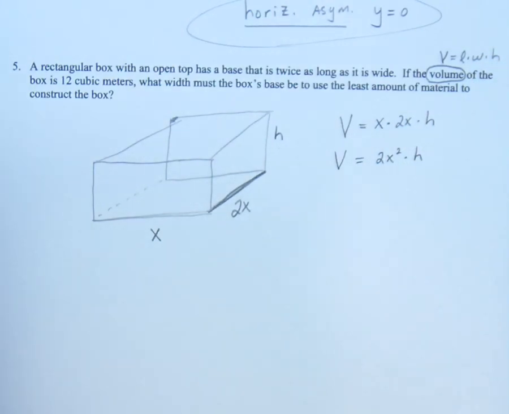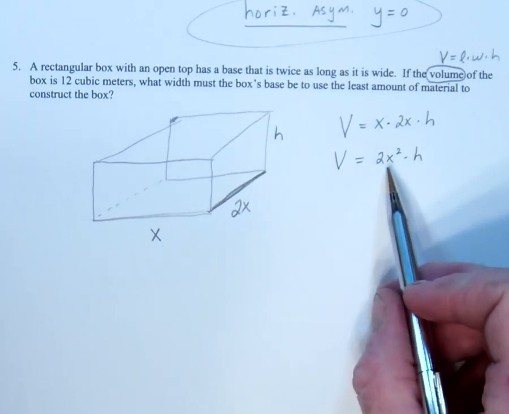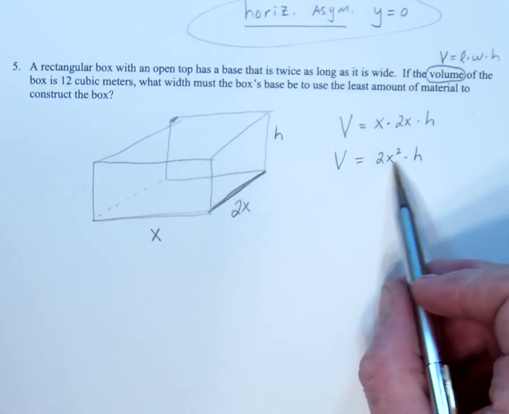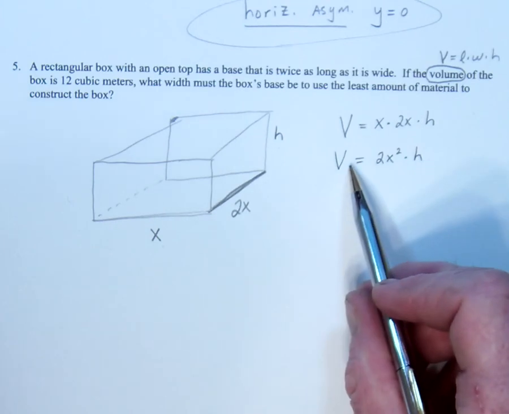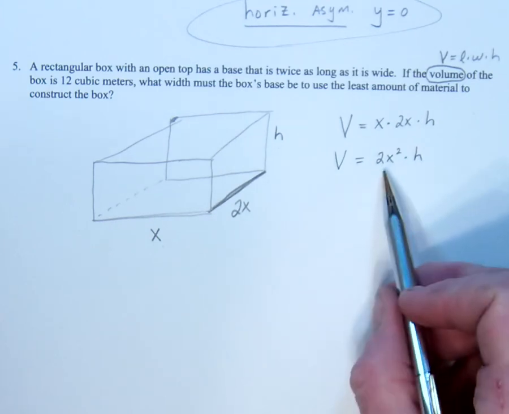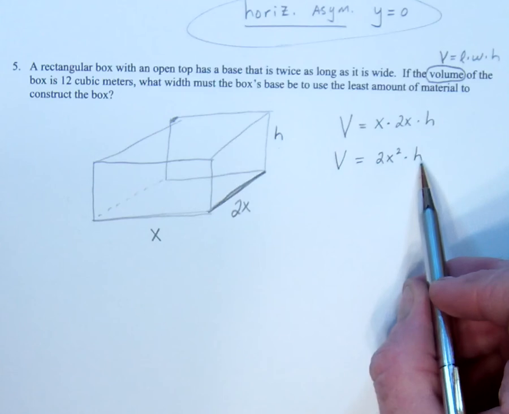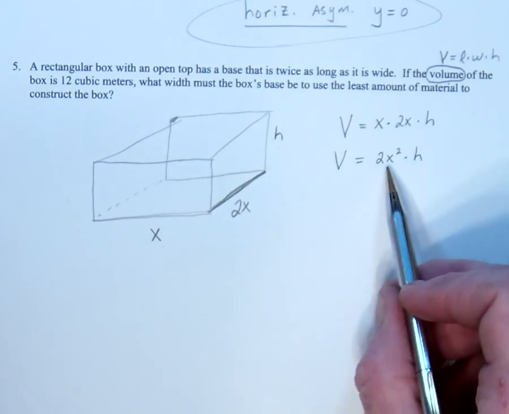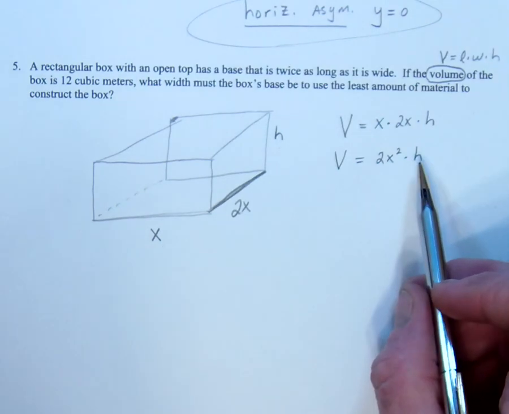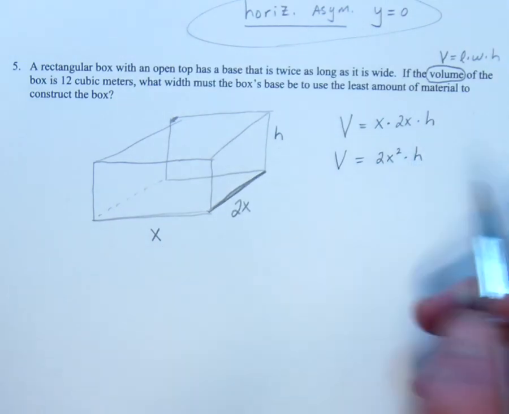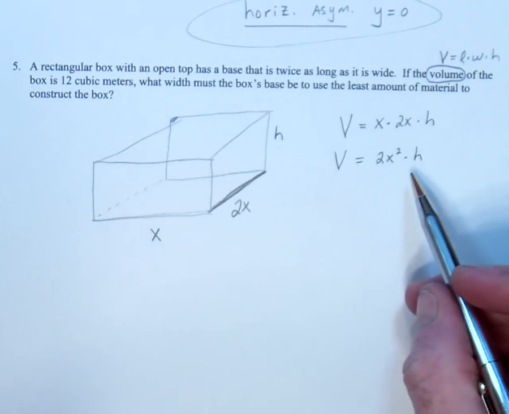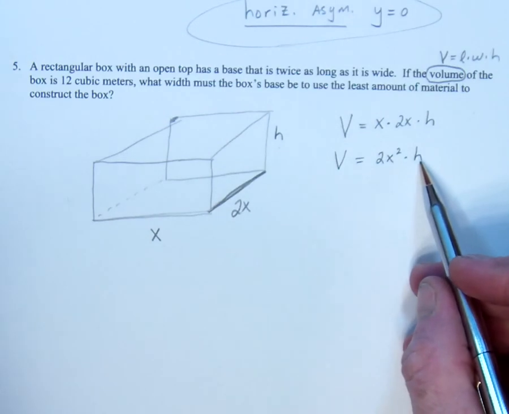Now, one problem is that we've got too many variables. We've got 1 variable, 2 variables, 3 variables. And over here, we really need to have just 1 variable. When you're in third semester of calculus, you can work with more than that, but for now, you're supposed to just have 1 variable. So somehow we need to replace this h with something.